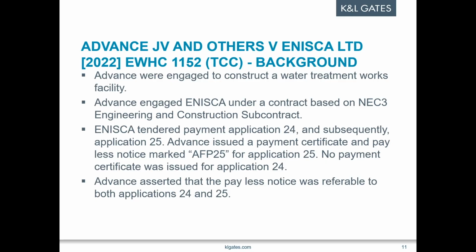Therefore, those notices should refer to the notice that identifies the notified sum. And whilst there's no absolute requirement for a pay less notice to make express reference to the notice to which it's responding, it must nevertheless be clear that it is, in fact, responding to that notice.